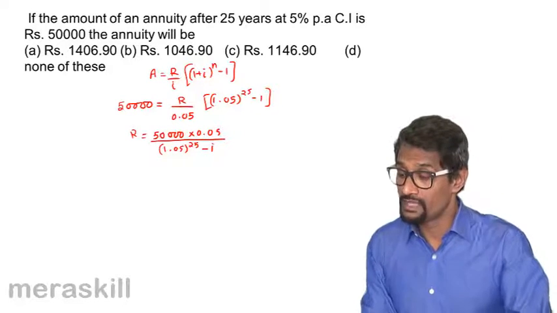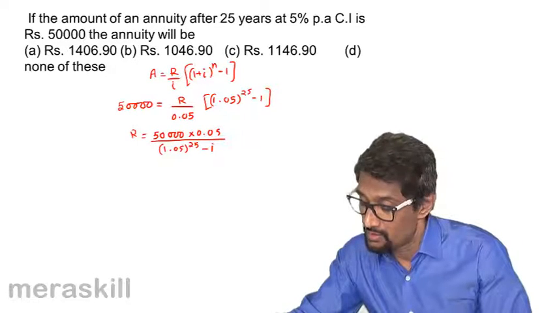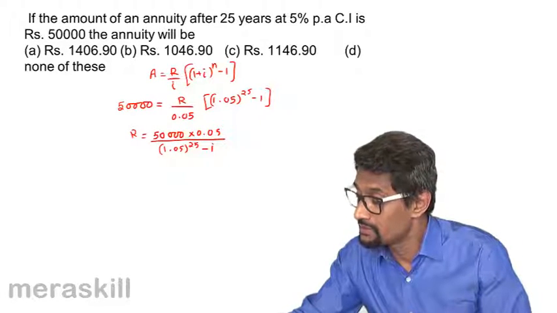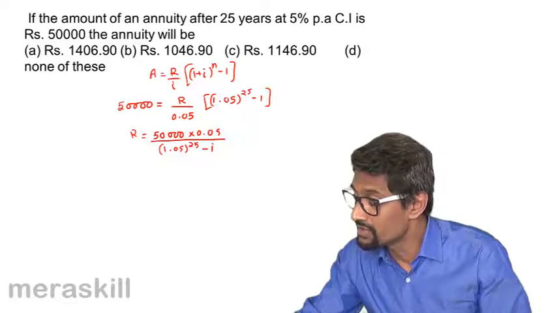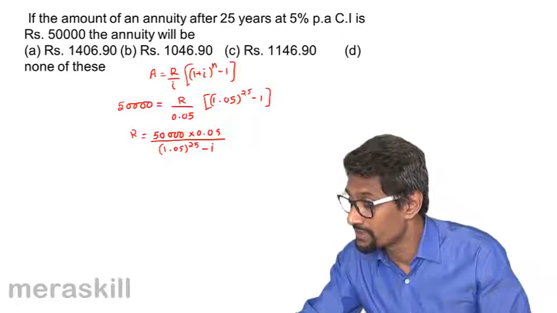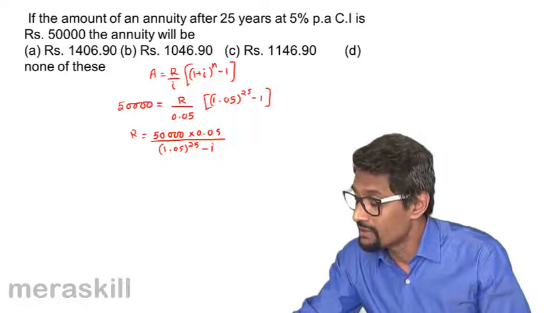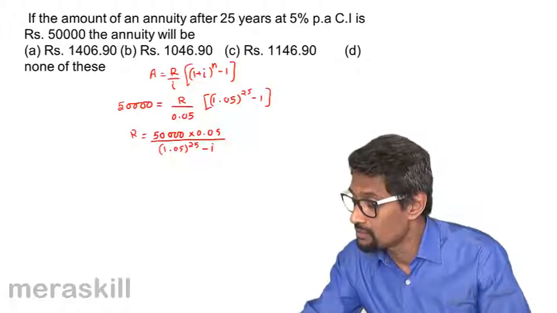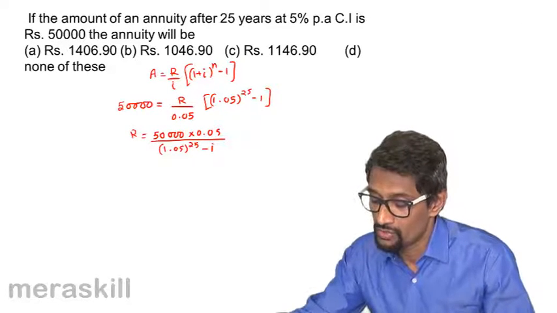Now, let's see what this turns out to be. 1.05 into 2, 3, 4, 5, 6, 7, 8, 9, 10, up to 25. Right? We take this minus 1 and store it in memory.